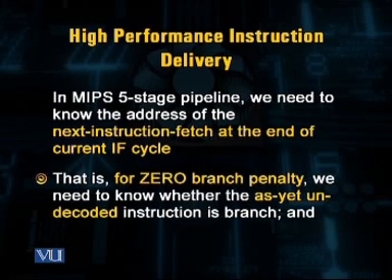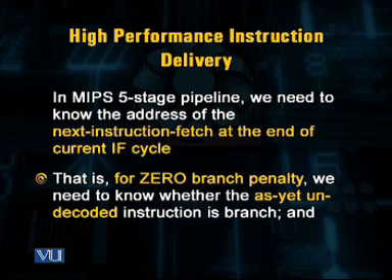That is, if 0 branch penalty is needed, we have to know whether the as yet undecoded instruction is a branch, and if yes, then what the next program counter is. This is accomplished by introducing a cache that contains the address of the next instruction if the branch is taken as well as not taken.